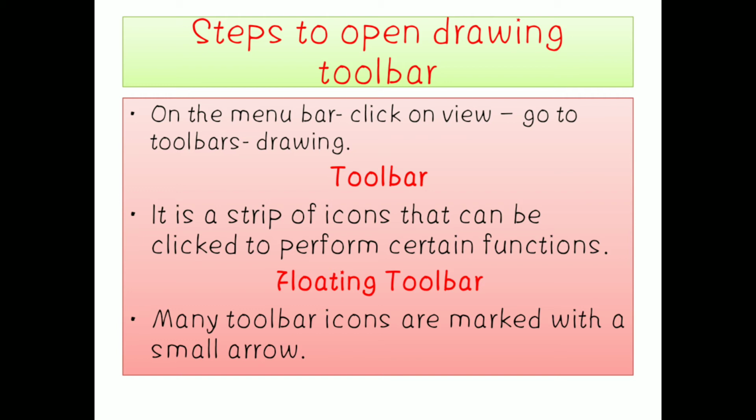Next, first of all, what is a toolbar? A toolbar is nothing but a strip of icons through which we can do any particular function faster. Without searching through all the applications, just by clicking on that particular icon, we can easily open that particular file or function.